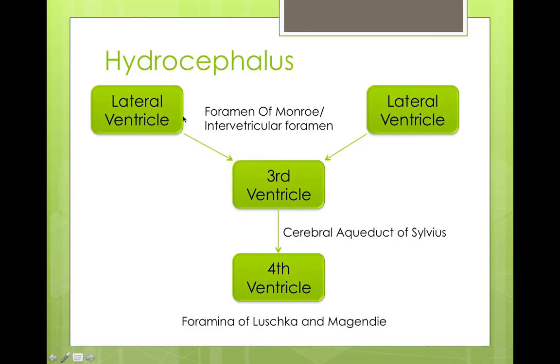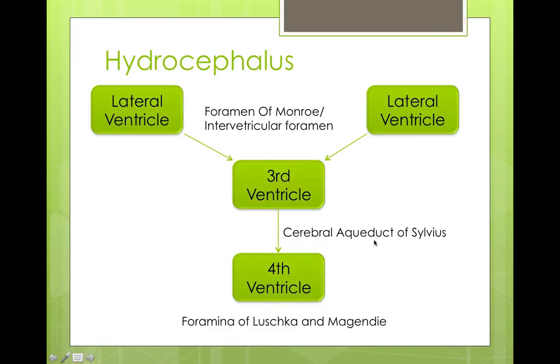But you still have to remember the older names, because a lot of people, especially doctors nowadays, who learned the older names, still use them. So you have to know both. Now the 3rd ventricle drains into the 4th ventricle by the cerebral aqueduct, or the aqueduct of Sylvius.